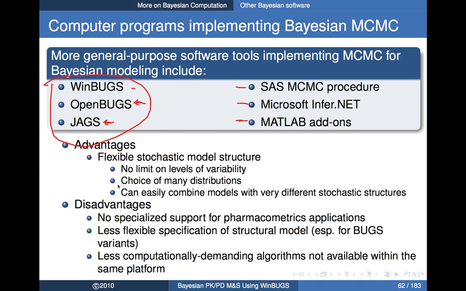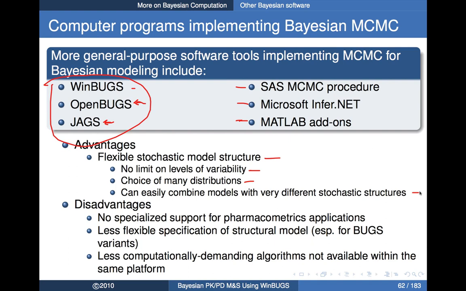Again, most of the comments I have here apply to WinBUGS, OpenBUGS, and JAGS because they're the ones I'm most familiar with. The main advantage relative to tools like NONMEM and S-ADAPT is how flexible they are with respect to the stochastic model structure. There's no limit on the levels of random variation that you incorporate. You have a choice of a large number of distributions that you can use.